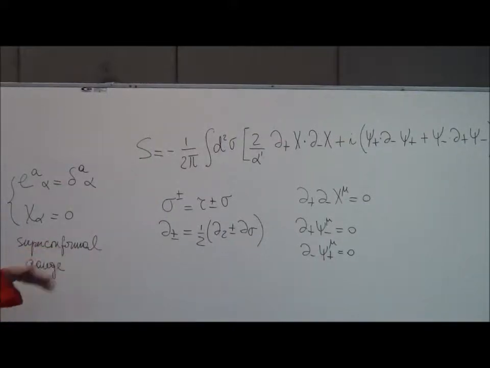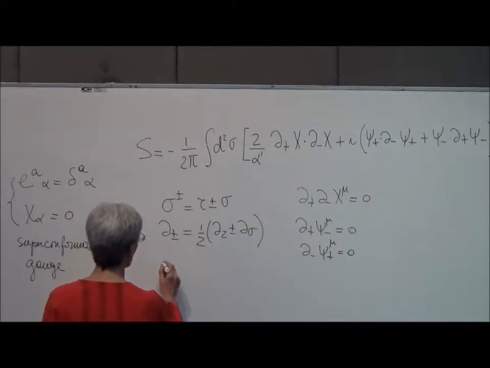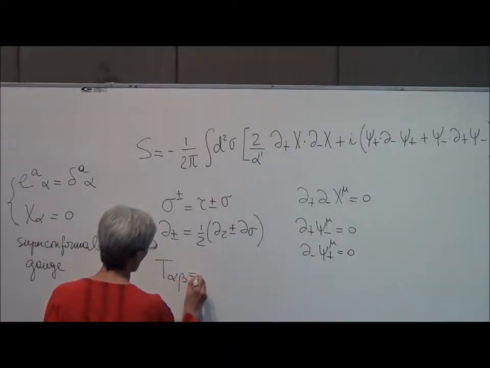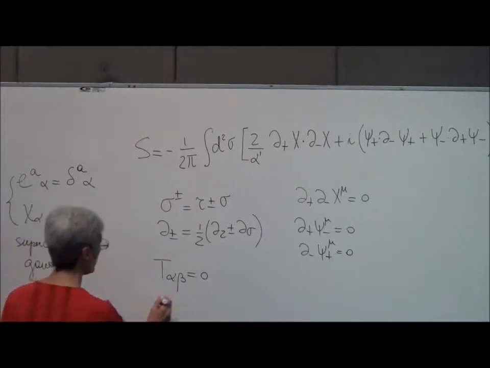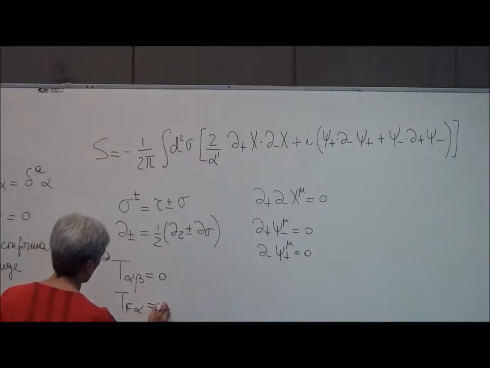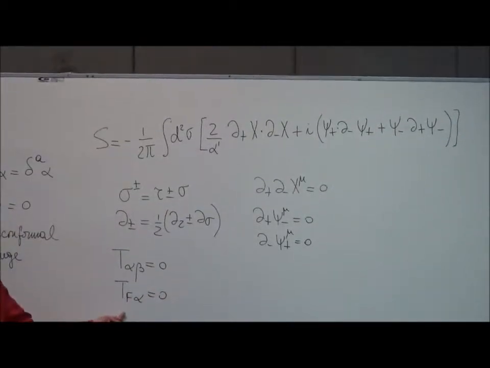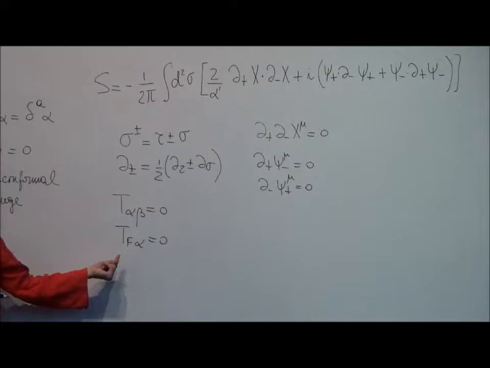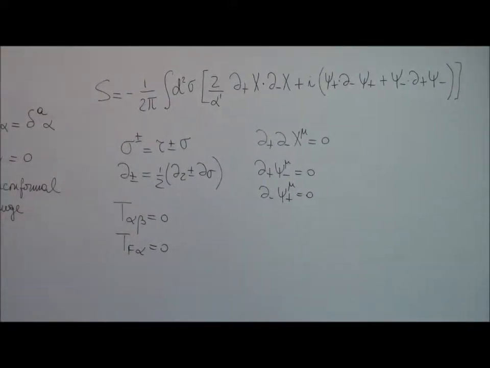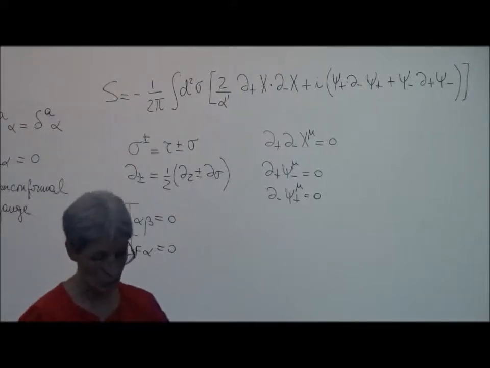So the solutions of the theory will have to satisfy the constraints arising from these equations of motion, which are basically the equation of motion for the metric, which is the energy momentum tensor, and for the gravitino, which is the supercurrent. This F here refers to the fact that it is a fermionic field, and it has only one index of the worldsheet.